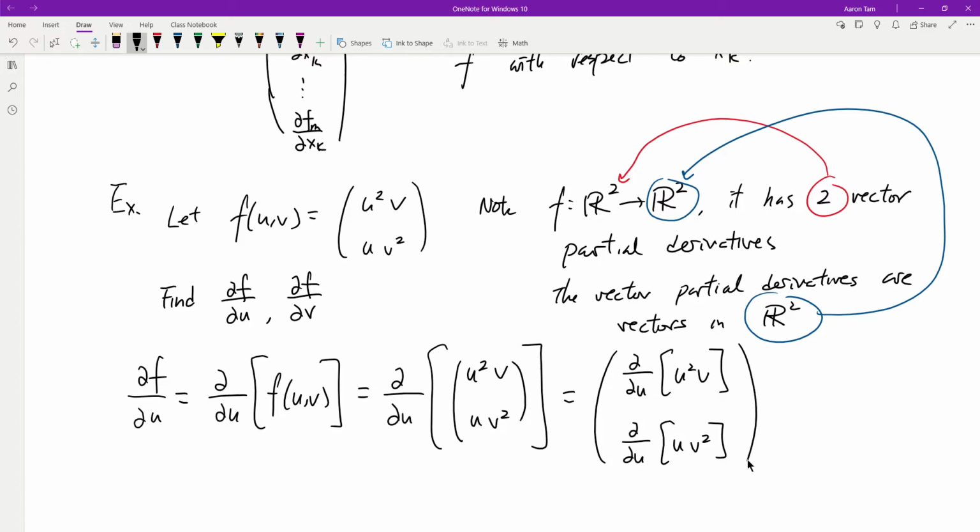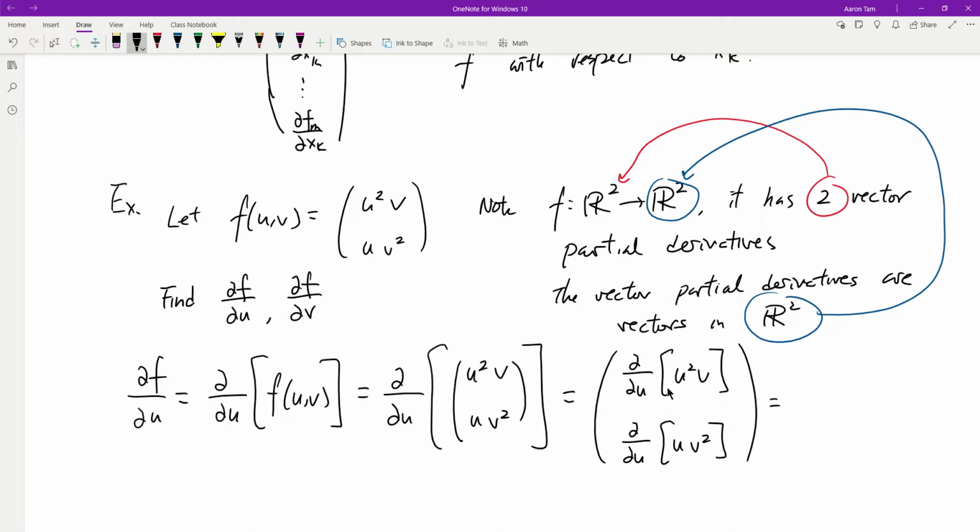So when I want to find the partial derivative of f with respect to u, I have to partially differentiate the vector that's represented by f with respect to u. And when I do that, I have to differentiate each of the coordinate functions partially with respect to u. Now it's basically two problems in one question, as what you have learned in 4.3.